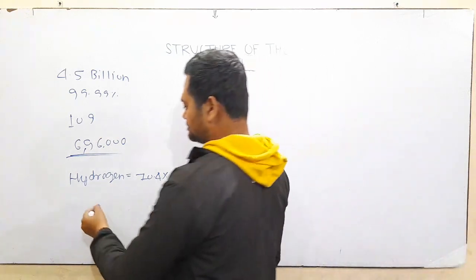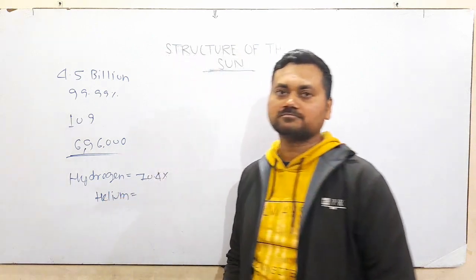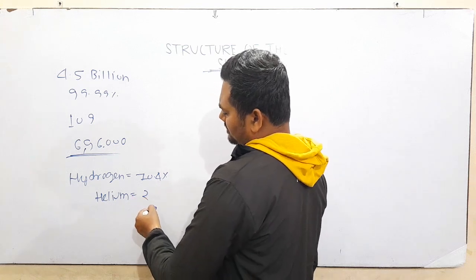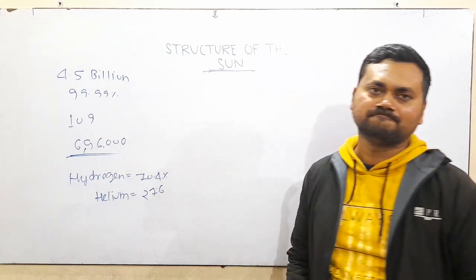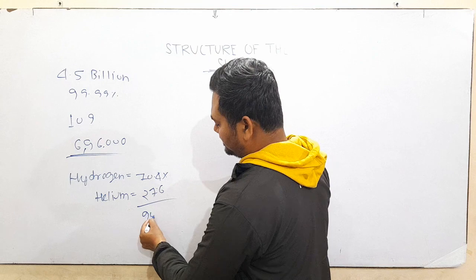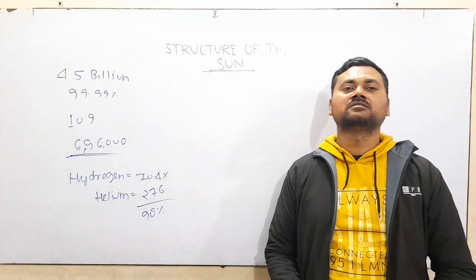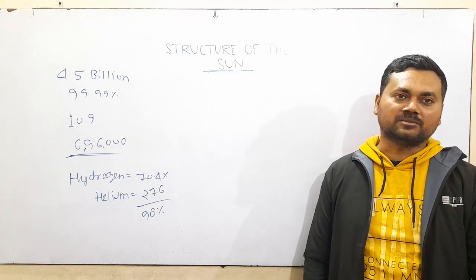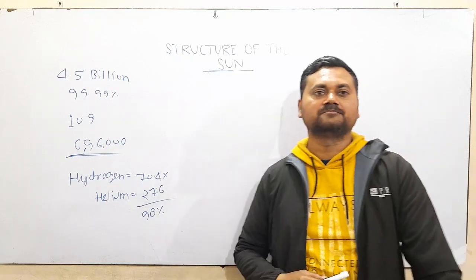And how much helium is present? It is 27.6%. So when you add, it comes to 98%. And in the remaining 2%, elements like uranium and others are present. So the maximum proportion goes to hydrogen.